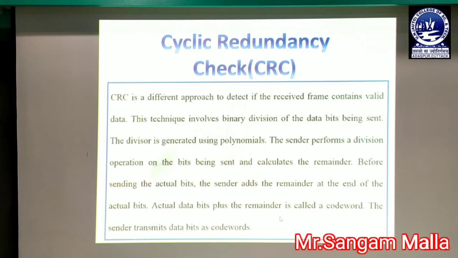That means the actual data bits plus the remainder formed by dividing the original data by the divisor is called the code word. So the sender transmits the data bits as a code word. That means whatever the final data we have got is called the code word, and this code word is sent from the sender side to the receiver side.